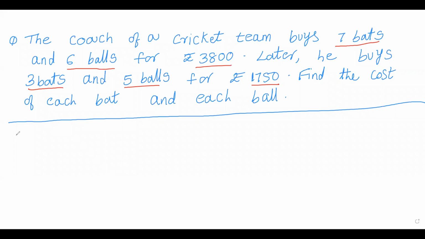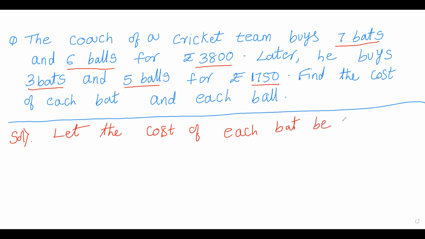So we can start the answer by taking the cost of each bat as X and the cost of each ball as Y.